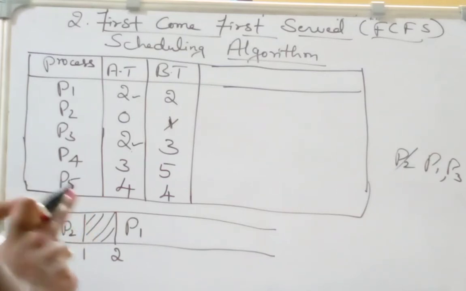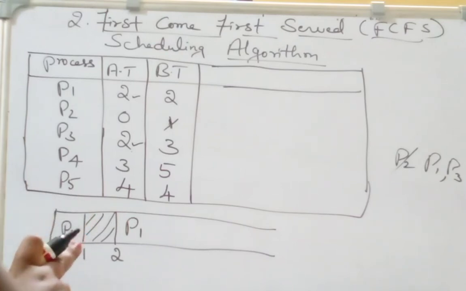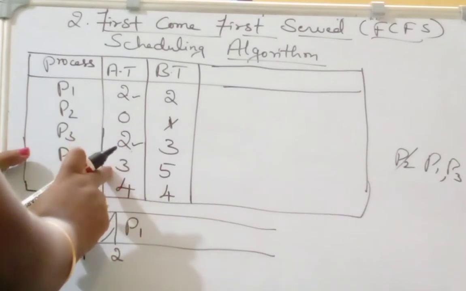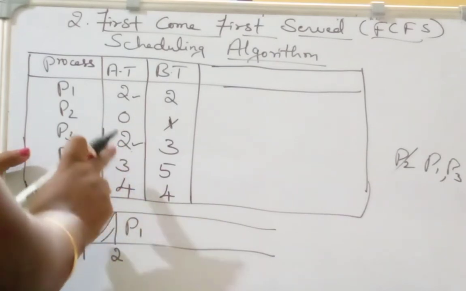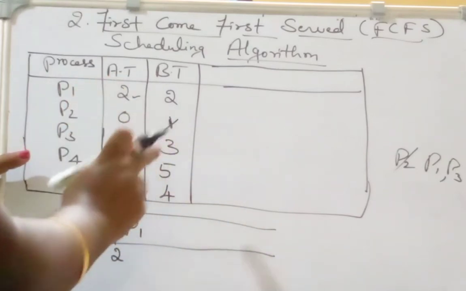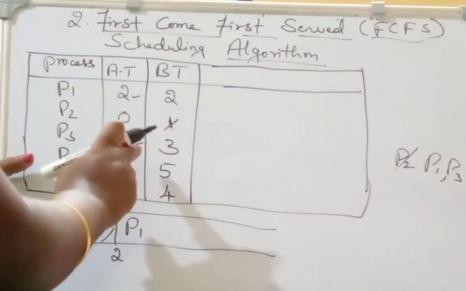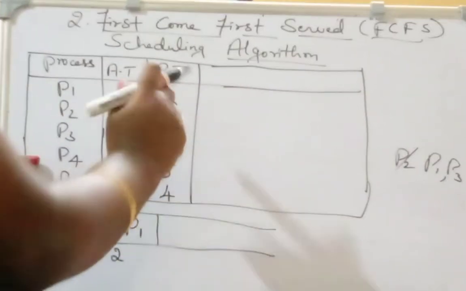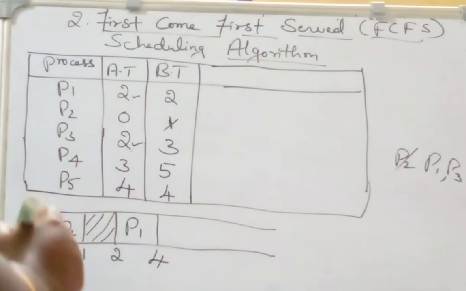It will not leave the CPU till then. At the third interval, P4 has arrived, but P1 will still continue its execution because it is first come first served. P1's burst time is 2 milliseconds, so it will keep the CPU till its complete execution.